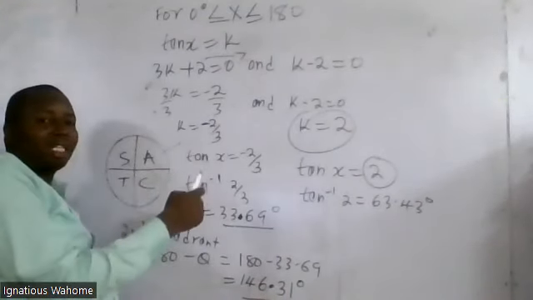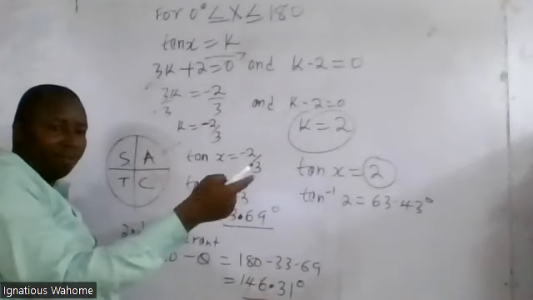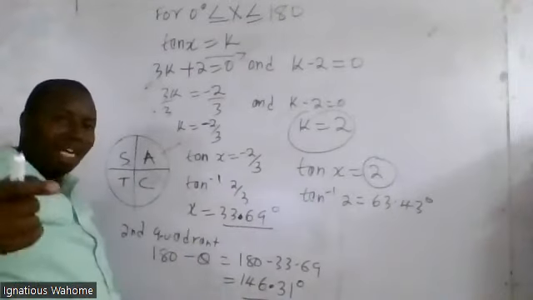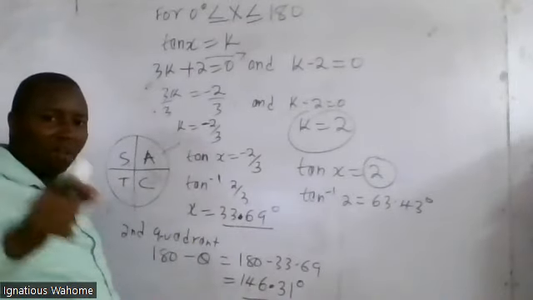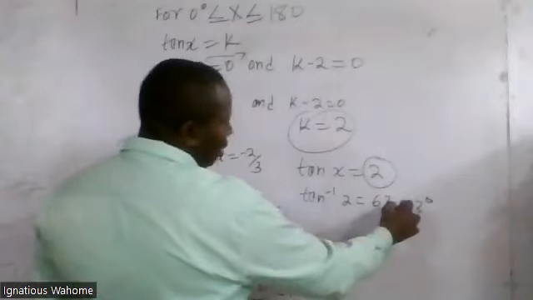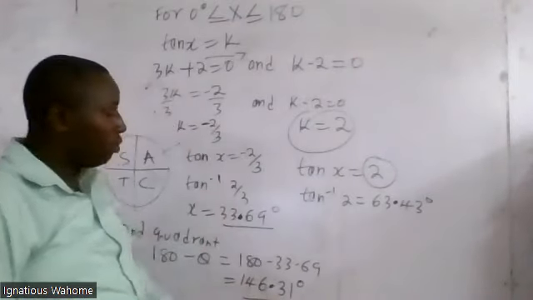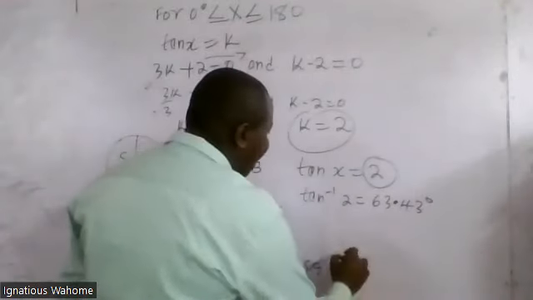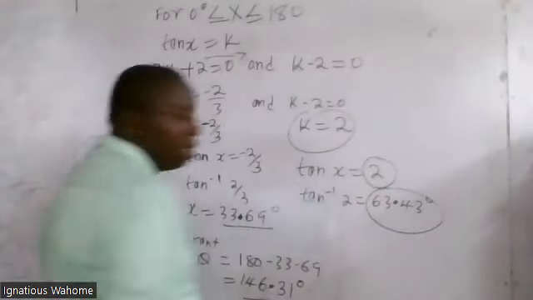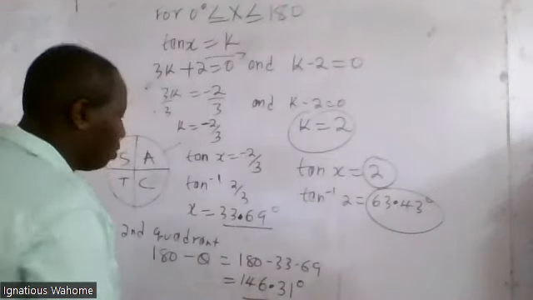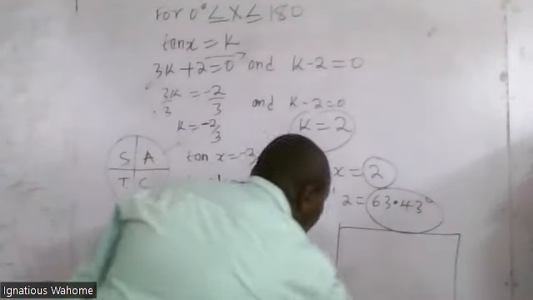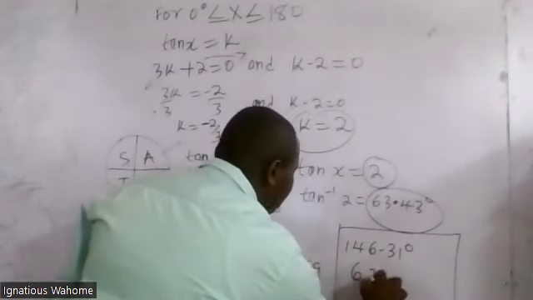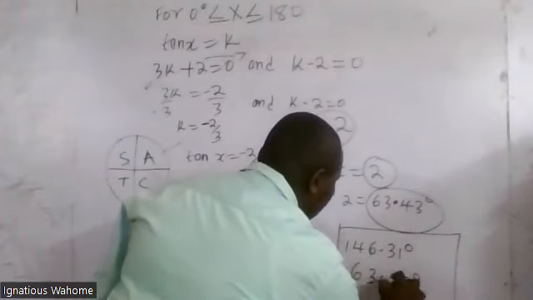In the third quadrant, it is between 180 and 270, and the fourth quadrant is between 270 and 360. So you cannot find that. Therefore, you take tan inverse of 2 to get 63.43, and that is the second angle required. The two angles required are 146.31 degrees and 63.43 degrees.